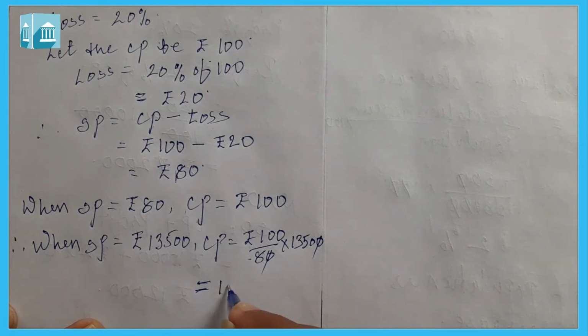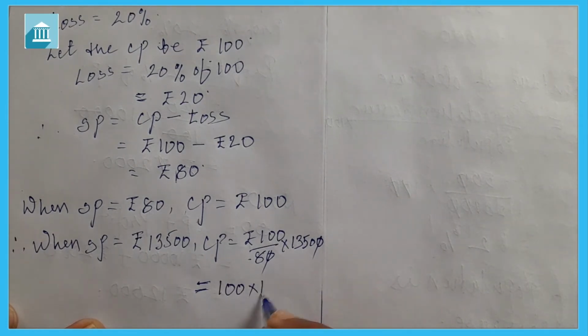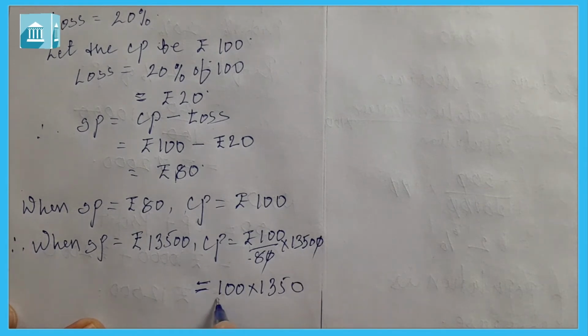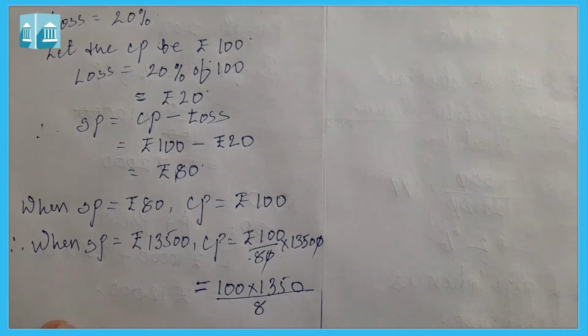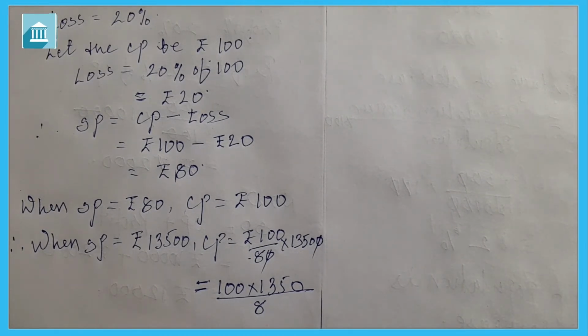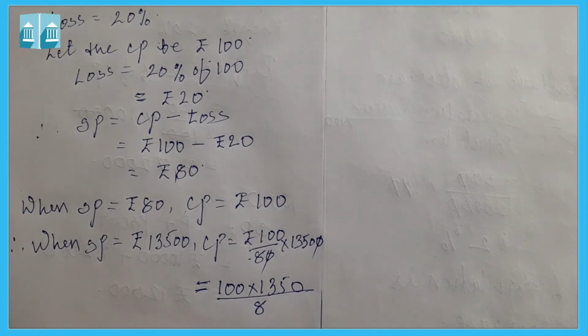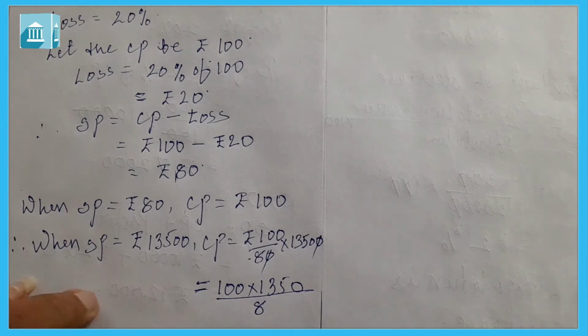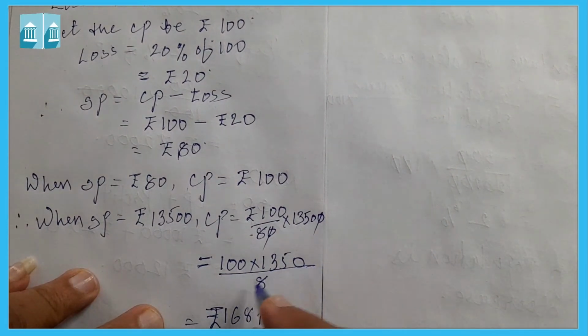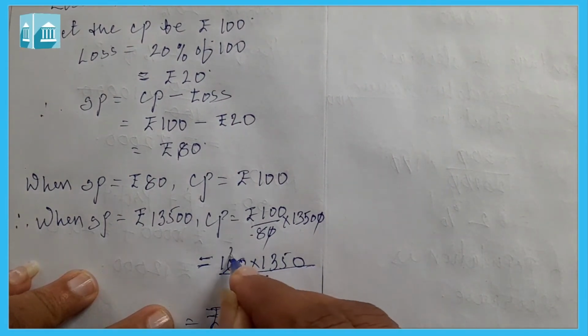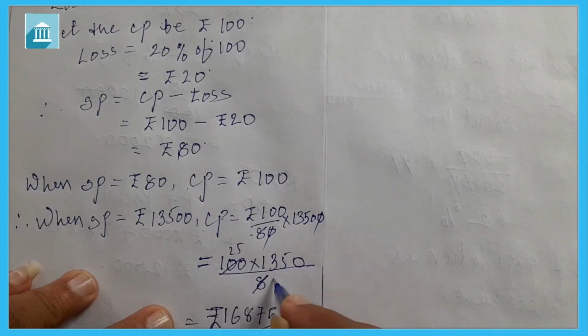So now the answer is 100 into 1350 upon 8, which is equal to 16,875. So it is 16,875 rupees.